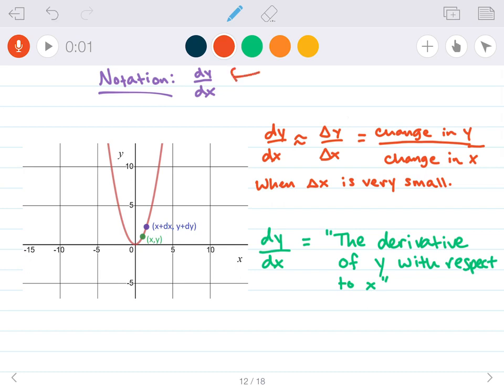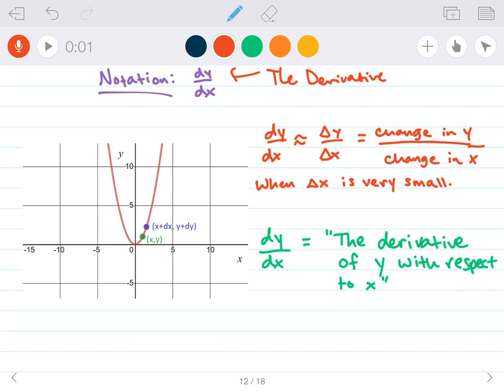Okay, so here it is, dy dx. And so basically what dy dx is just the derivative. All this means is the derivative. Without introducing limits, we're assuming that dy is sort of like the change in y, and dx is like the change in x.